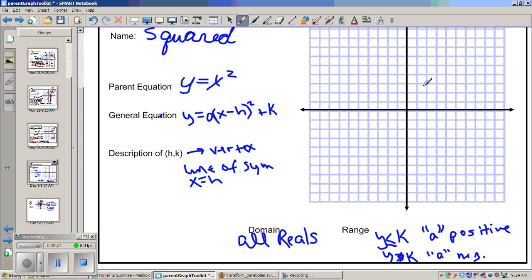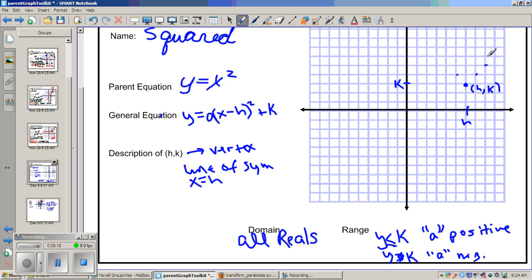So I'll just draw a little graph here. We'll pretend that this right here is k, and this right here is h, and this is my vertex, h comma k. And if the value of a is positive, then I'd go over 1 up 1, and this is just if a is 1, I suppose.